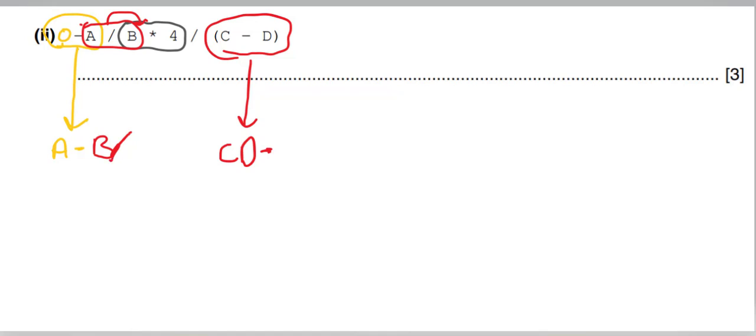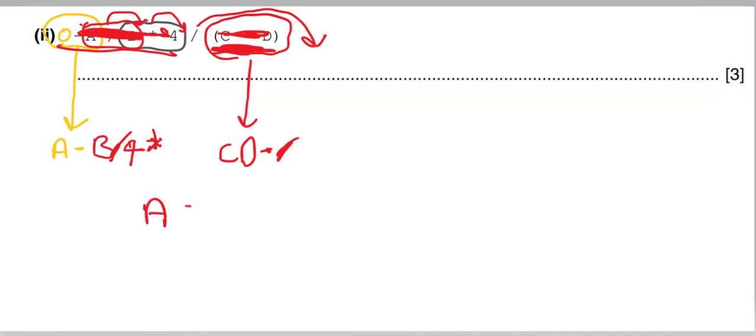So it would be, we can use the 4 and then multiply, because we move the operator. And that just leaves us with all of this, and this bracket here, and this is the connecting operator, and as it's the connecting operator, we'll move it here. So to write this out, it would be A minus B divided by 4 multiply C D minus divide.